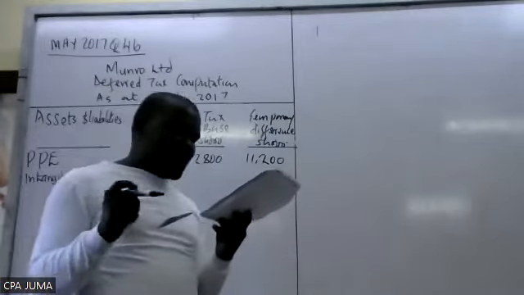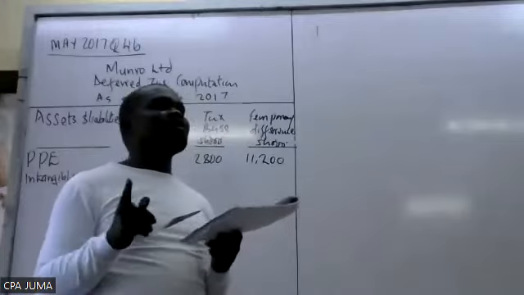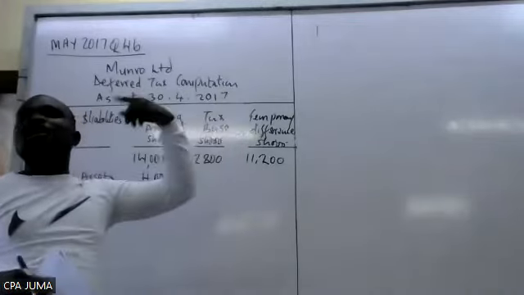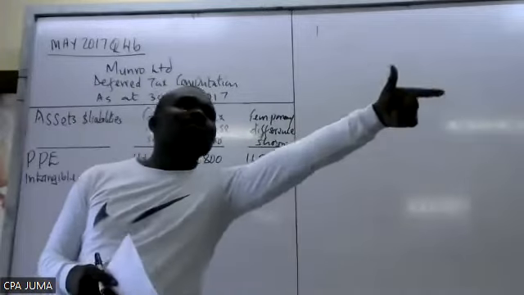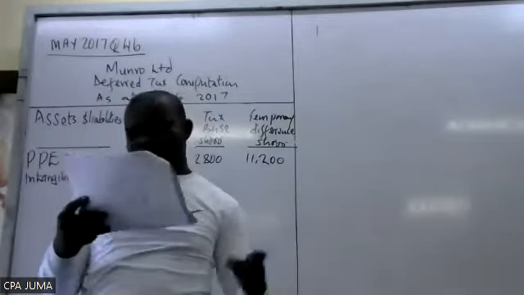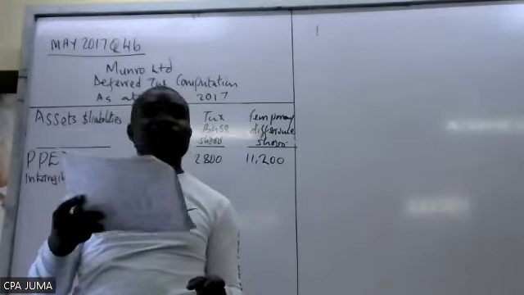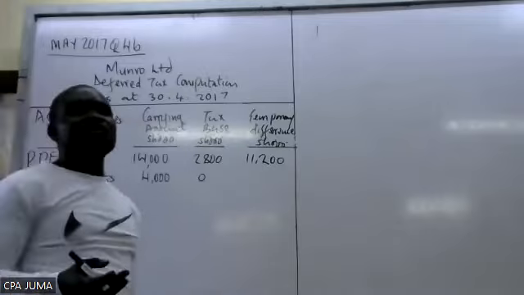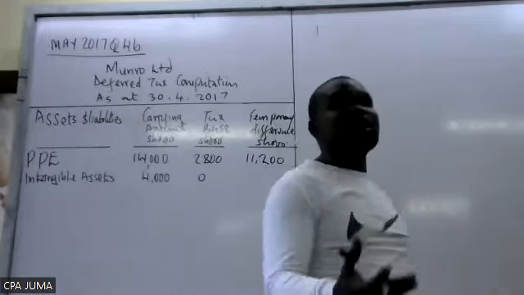The cost of intangible assets was paid in which year? 2014. We are in which year? 2017. It means that amount was allowed in 2014 and is presented net of amortization cost, meaning tax base is 0. There is no tax base because they are saying it is tax deductible.